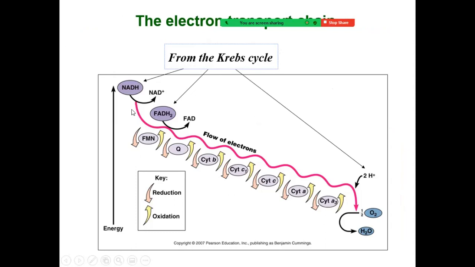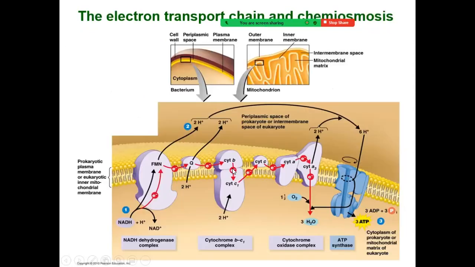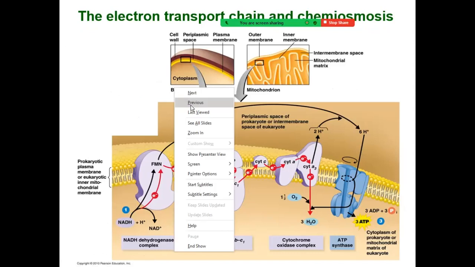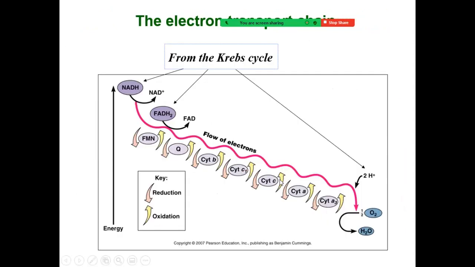NADH brings in the electrons, and then the electron transfers to this protein, to that protein, to that protein, to that protein. This is the last protein. The electron then flows out of the electron transport chain, and it flows to oxygen, which is converted into water.